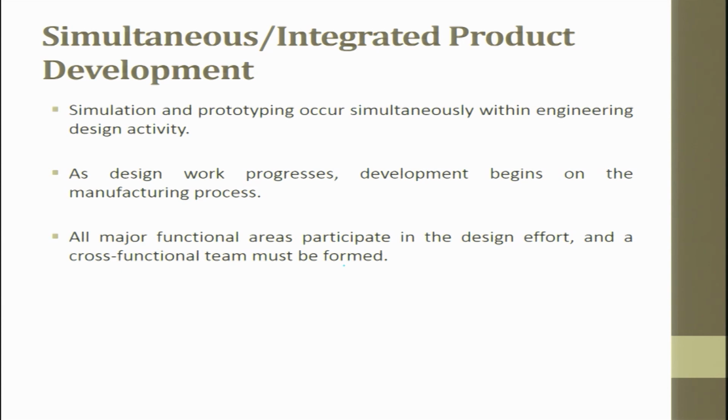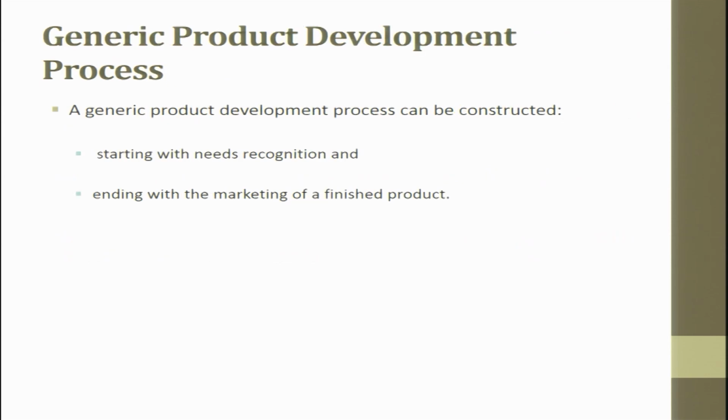So, this will try to bring in a healthy environment while developing the product. So, the generic product development process: a generic product development process can be constructed starting with needs recognition and ending with the marketing of a finished part. So, it starts from need analysis and ends at market sales of the product.